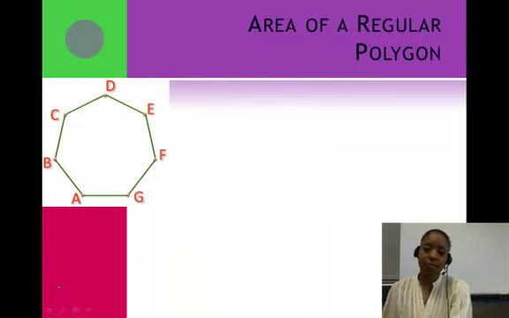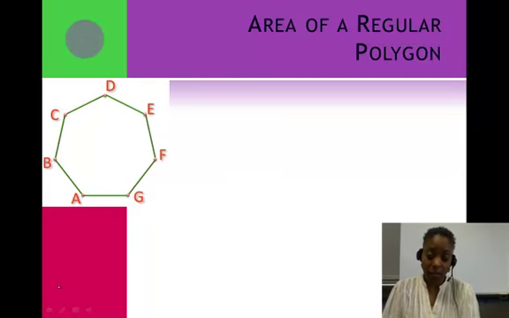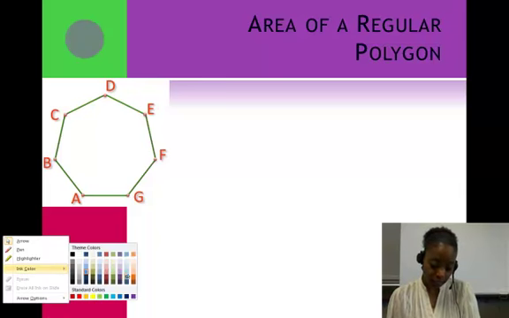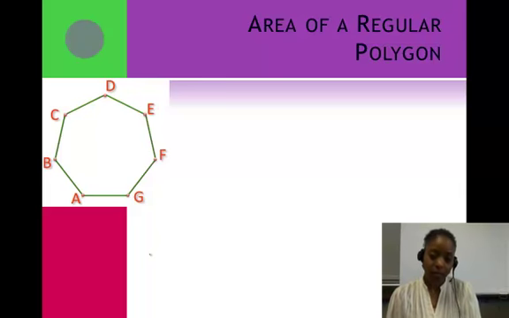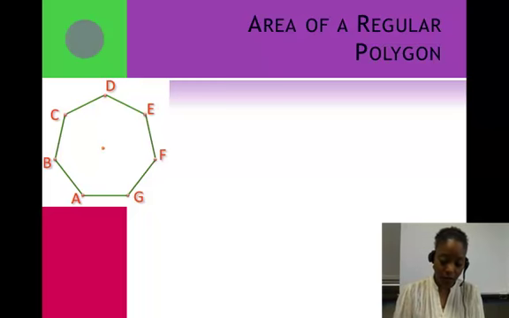All right, so let's see if we can develop a formula for the area of a regular polygon. So we're going to use our area of a triangle formula and see if we can use that to help us identify what a formula would be for the area of a polygon. Well, why are we going to use the area of a triangle?